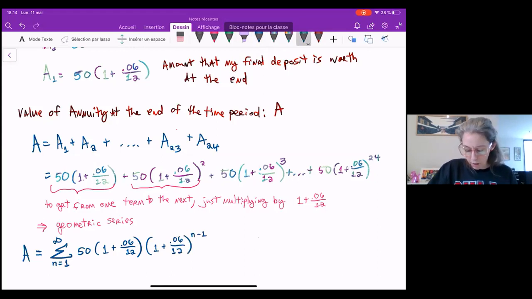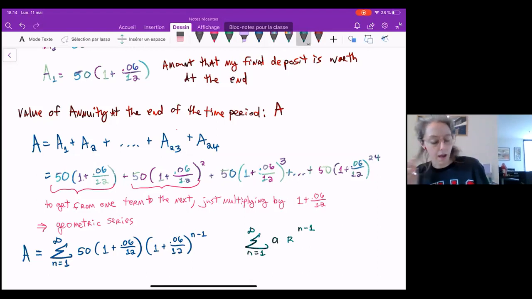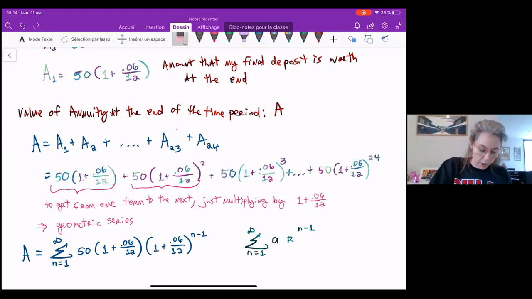So here I just plugged in to my formula for a geometric series. Okay, I went up to infinity though. I should not have gone to infinity because this is a finite series. Where am I ending? I'm ending at 24.